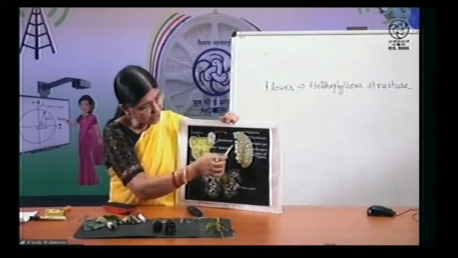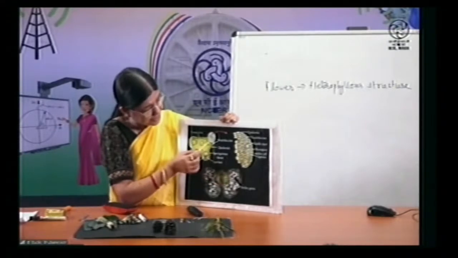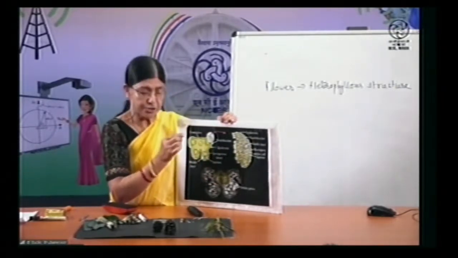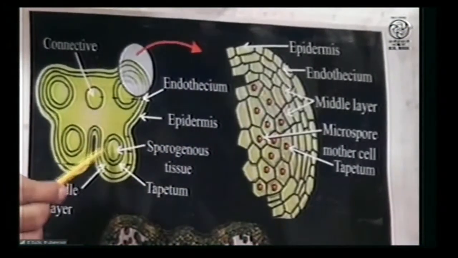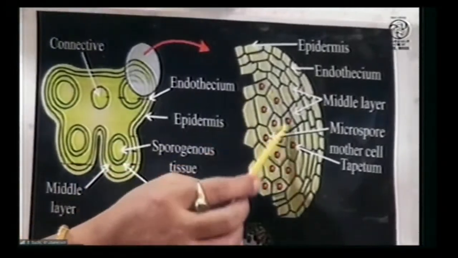And then comes the 4th layer, which is called the tapetum. But the tapetum is restricted to each microsporangium; that is, surrounding each microsporangium, its own tapetal layer is present.